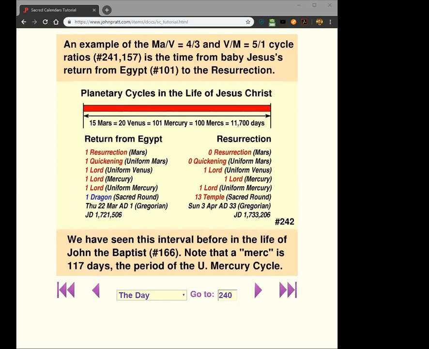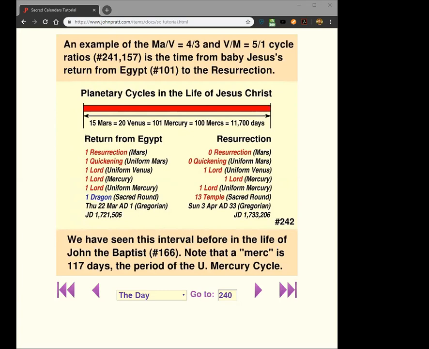Both ends of this period are on holy days on 6 different calendars. And that's only 6 that we've already looked at. It's resurrection to resurrection on Mars, so it's an exact interval on Mars, and it's an exact interval on uniform Mars. Remember, Mars doesn't change very often. So it's from quickening to quickening of the uniform, resurrection to resurrection.